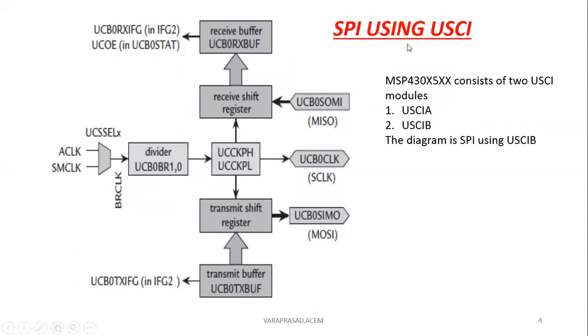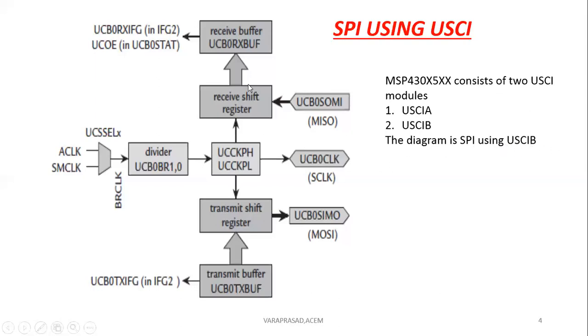It consists of two modules, USCI A and USCI B. Now I'm going to explain SPI using USCI because USCI A can be asynchronous, whereas USCI B will be operated in synchronous mode. We'll see the operation of SPI using the USCI B module.